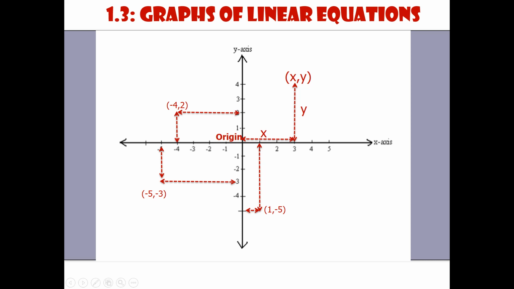These two coordinates will be only for this point. You will not find any other point that has the same set of coordinates. That's why these coordinates describe only this point. If you change the location of the point to this location, the coordinates will be changed. You will have two different numbers.